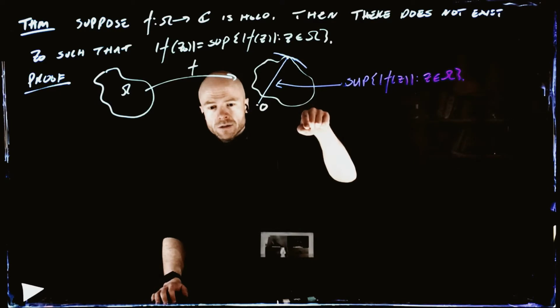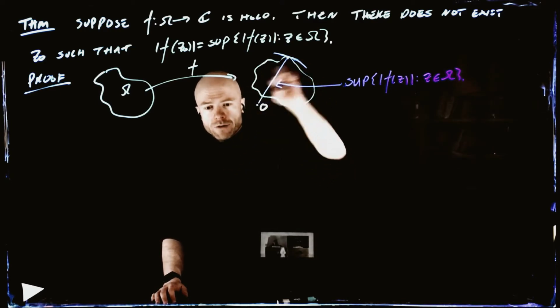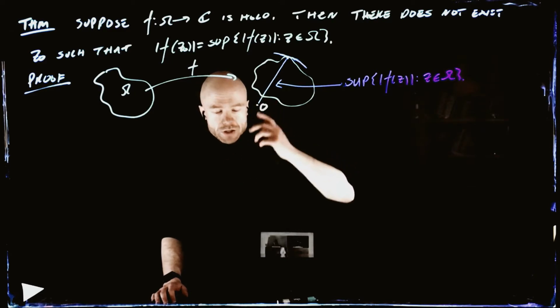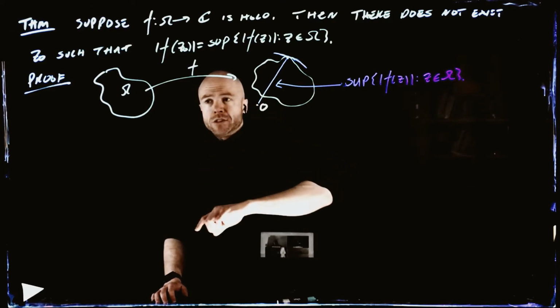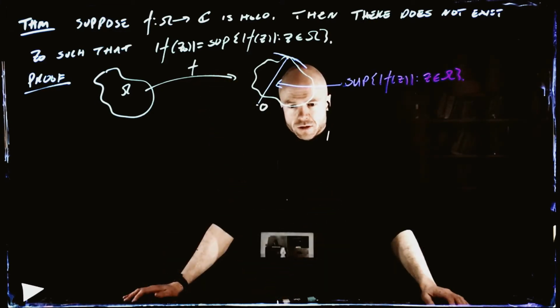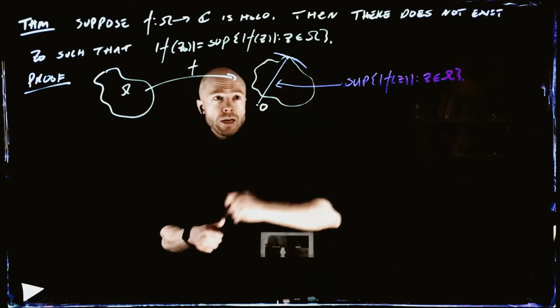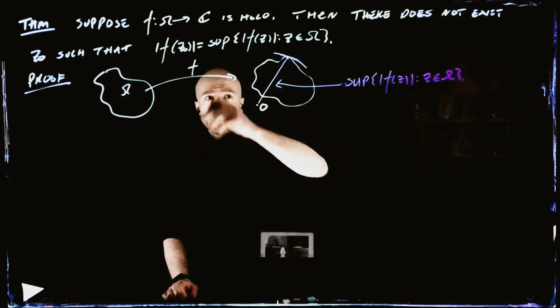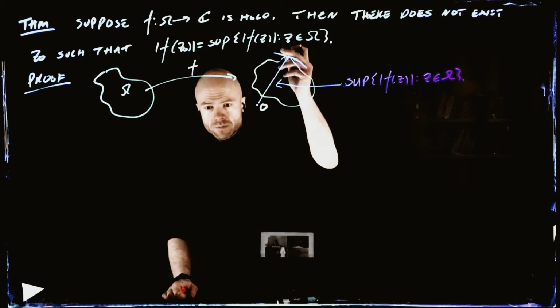There could be more than one place which achieves this. But in our picture, I've just drawn one. So if there exists a z0 such that this is true, where is f of z0? It would have to be here, right?